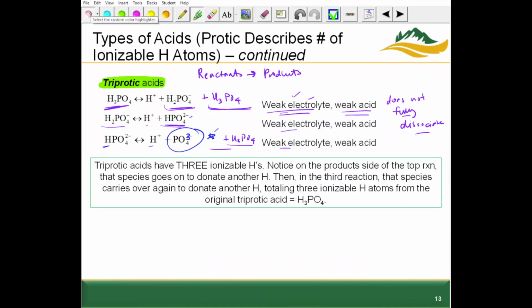These triprotic acids have 3 ionizable hydrogen atoms, or 3 protons, that can dissociate from the molecule. Here's 1, 2, 3. This is called a triprotic acid.